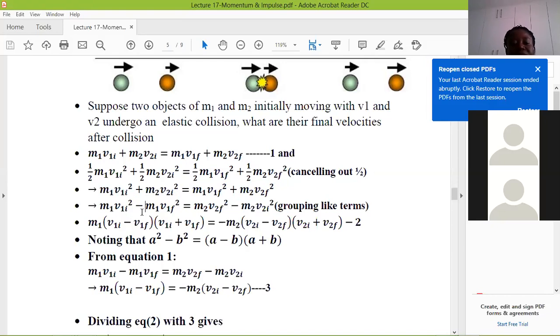Doing the manipulations, we group the terms that have the same variable.